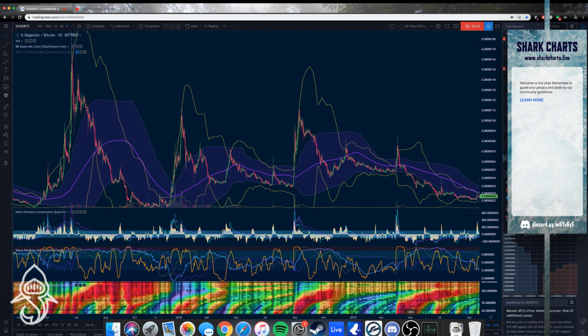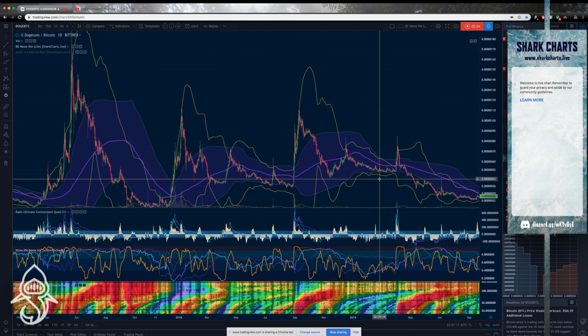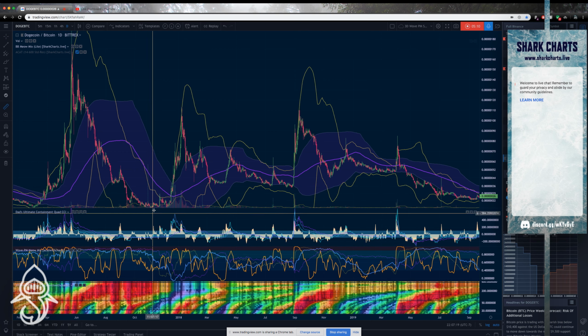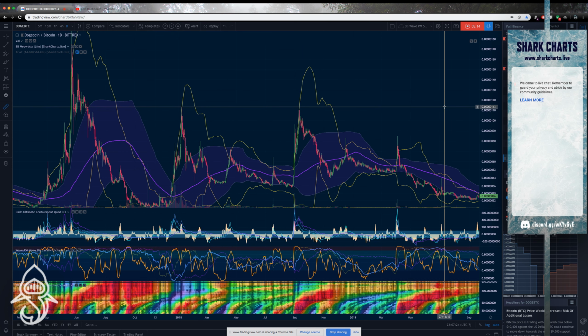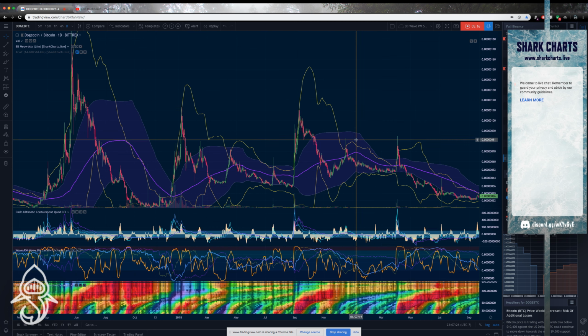Doge is notorious for having smaller pre-pumps to test liquidity before larger pumps, so I would very much like to see how this volume plays out, because it's a cyclical coin with an implied 500% upside. I really can't turn my eyes away from that. That's pretty significant. Keep an eye on Doge, people. That's all I want to say.